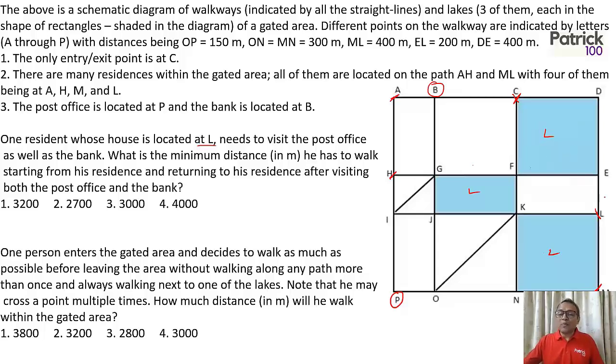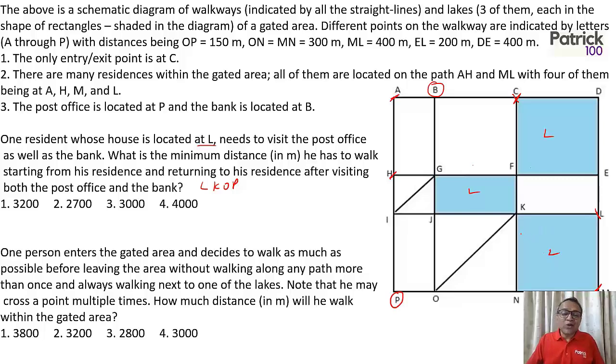If I want to go from L to, let's say, the post office first, the closest route from L to post office will be L, K, O, P. I would rather take the slant KO, because that will be shorter than going straight along KN and NO. Otherwise I would go LM and MP, but those are straight lines, and going slant would be closer, like a shortcut in the path.